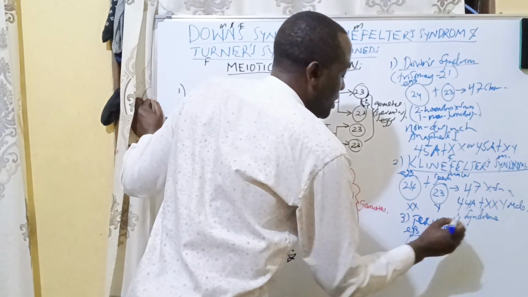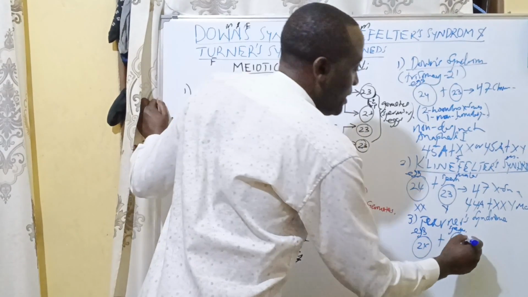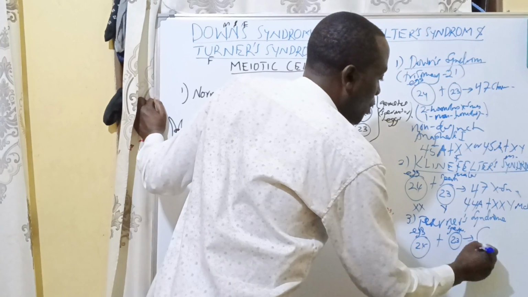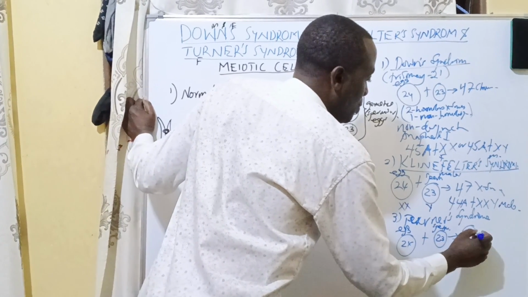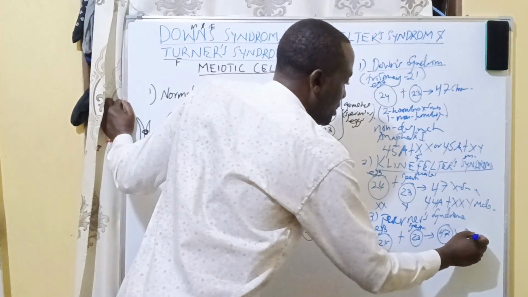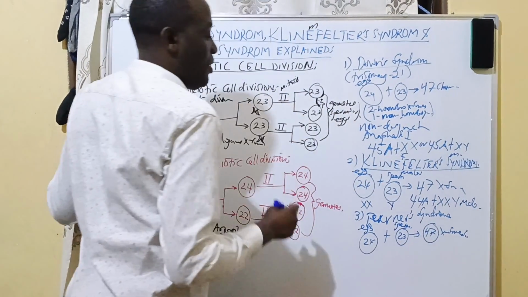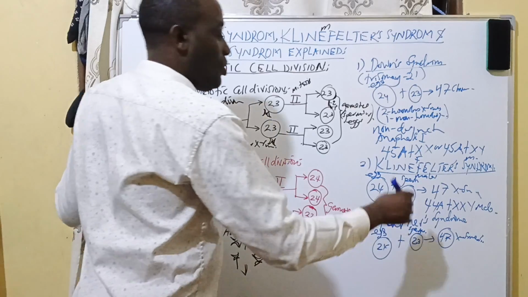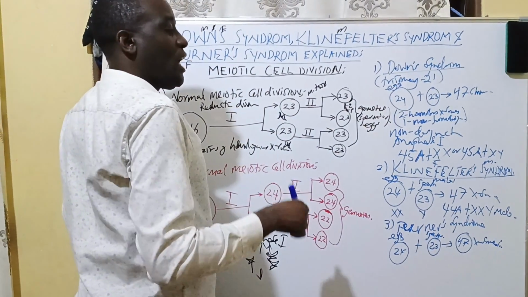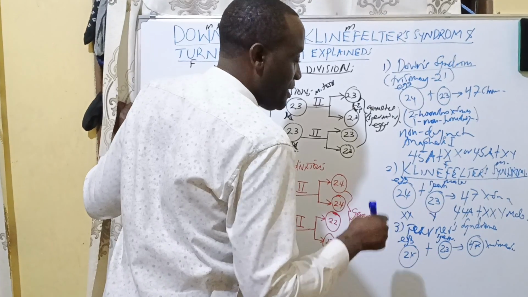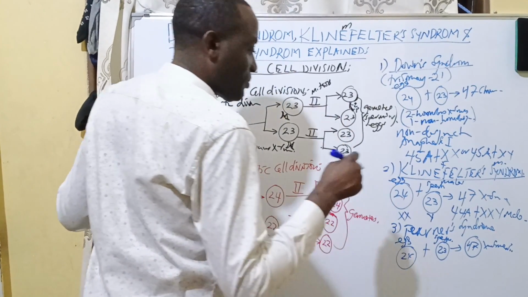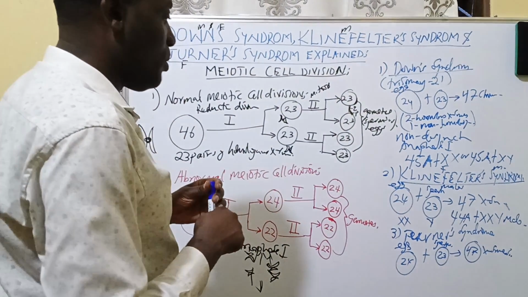This is a sperm cell, and finally they fuse to form a zygote having 47 chromosomes. Now what happens is that Turner's syndrome occurs in sex chromosomes.